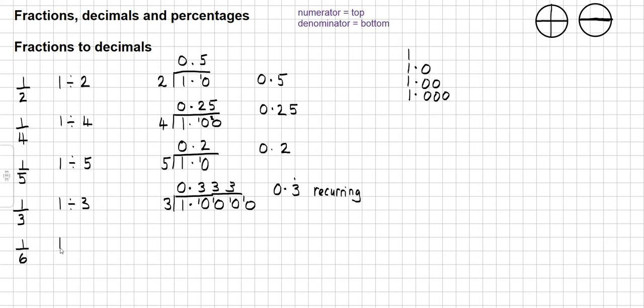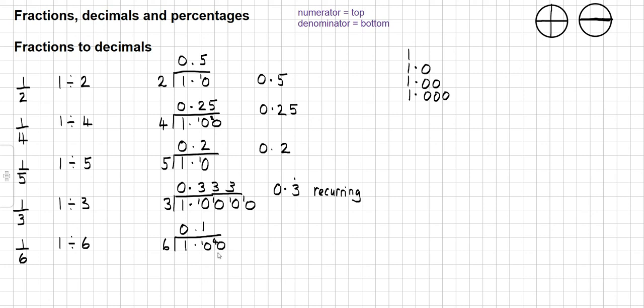Let's try 1/6. Okay, same pattern. We're carrying that over. 6 into 10 goes once, and this time we have a remainder of 4.